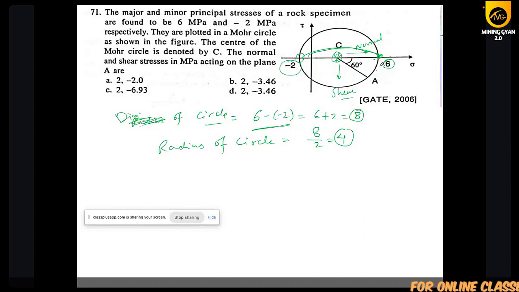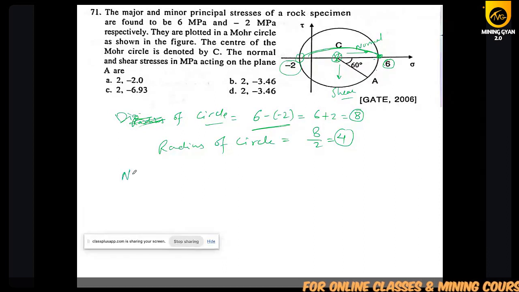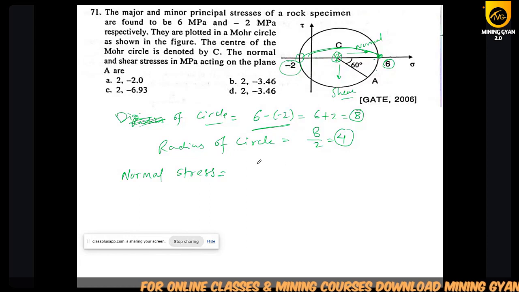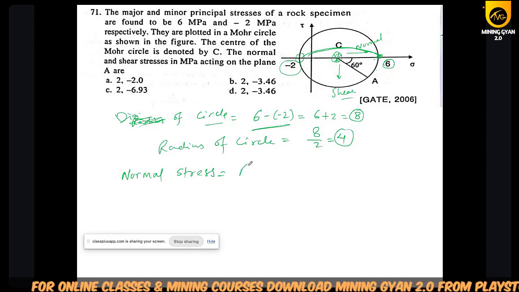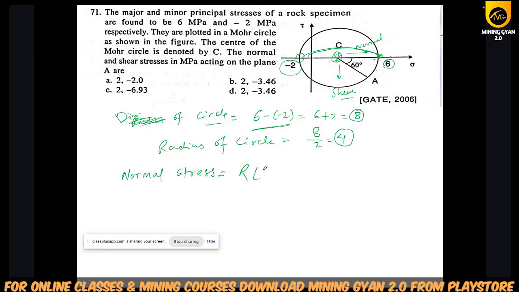Okay, so whenever you find the radius, then the normal stress will be radius cos theta. Now I will tell you what cos theta is.